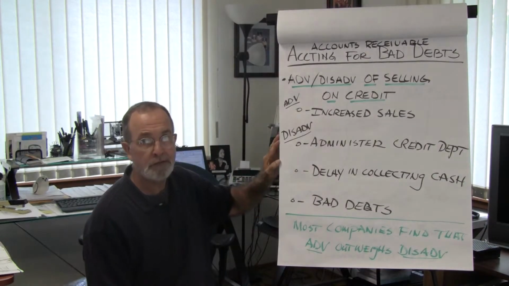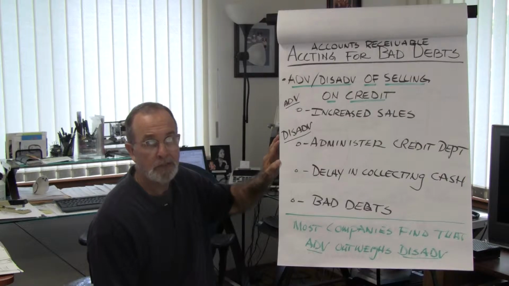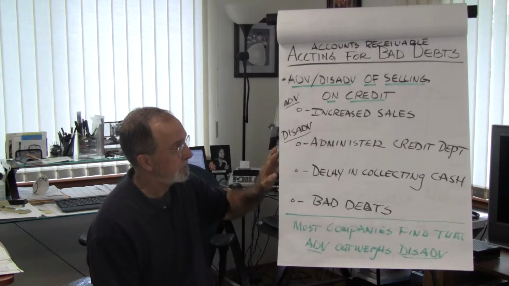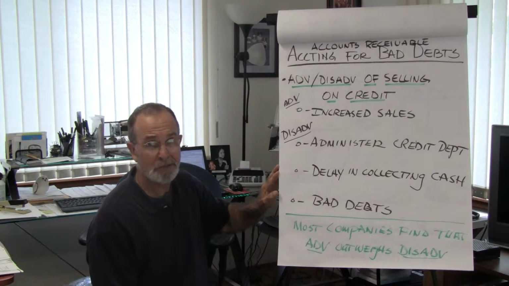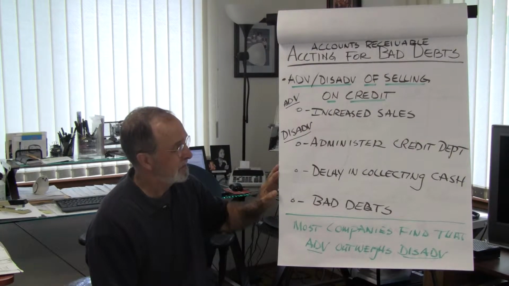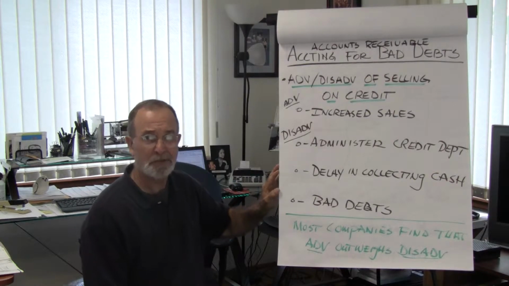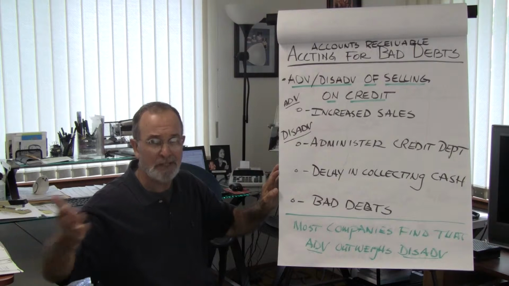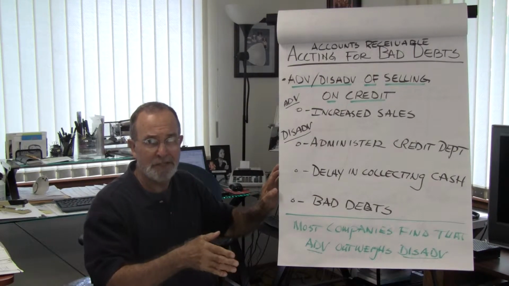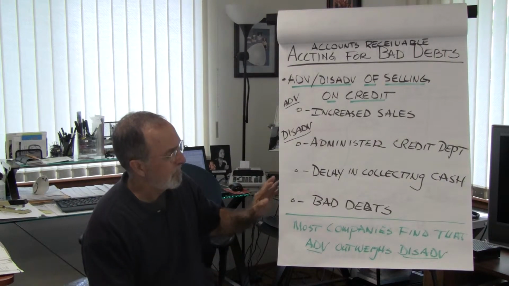If you're going to do it right, you need to set up a credit department, which means you're going to have added costs to administer and run your credit department. There's going to be a delay in collecting your sales dollars. Since you're selling on credit, you're not going to be collecting on the spot. There's going to be a delay between the date of sale and the date of collection.